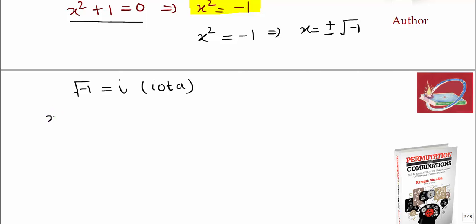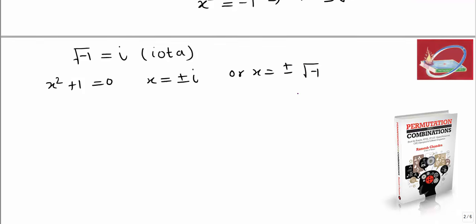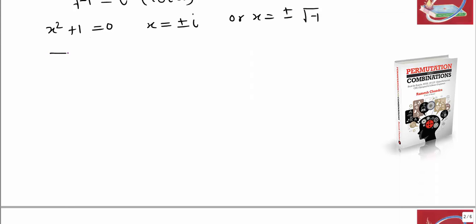So for the equation x square plus 1 is equal to 0, we have the roots x is equal to plus minus iota, or x equal to plus minus under root of minus 1. Since we have defined under root of minus 1 as iota, I square is equal to minus 1.